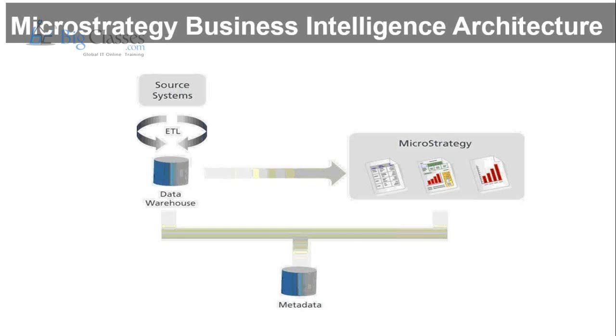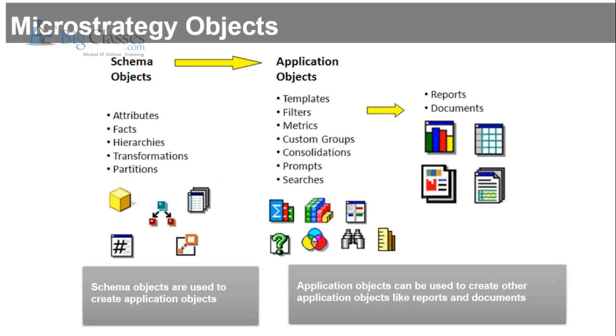So now let's see. Let me just go to the next slide. These are all MicroStrategy objects that we can create. We're going to discuss everything in detail during the training course. But just to give an overview, let's say I have schema objects, the attributes or facts. When I create this object, I'll be pointing to a specific table and the columns.